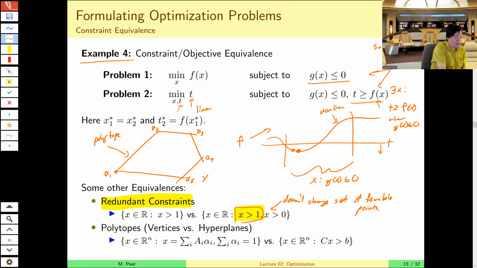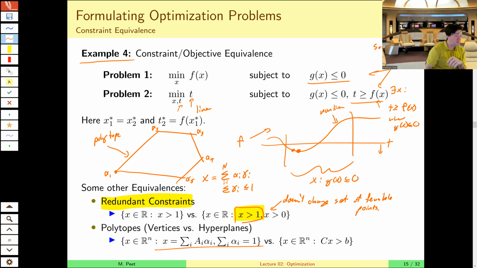We force x to be a weighted sum of those vertices, with weights summing to less than or equal to 1. So that's one way of representing a polytope. That's the vertex representation.